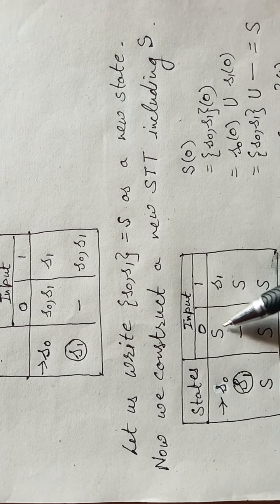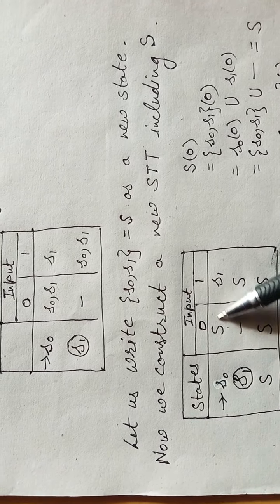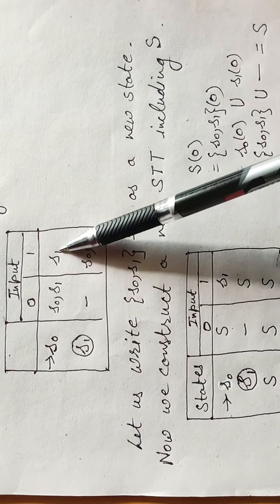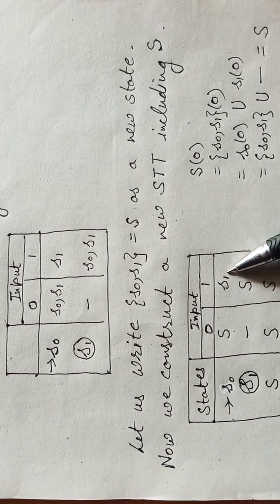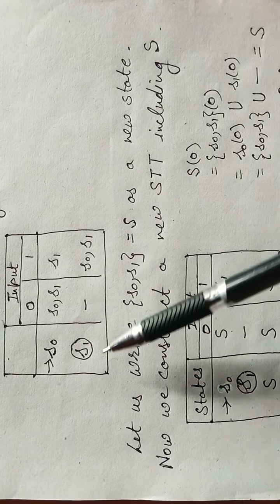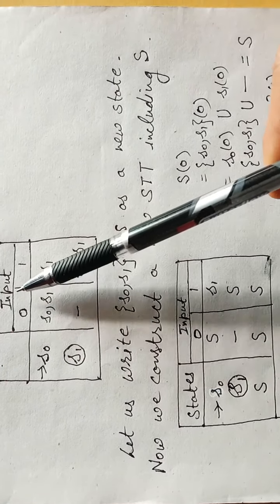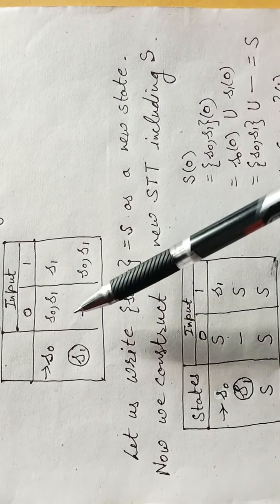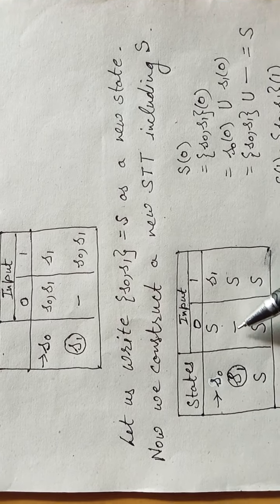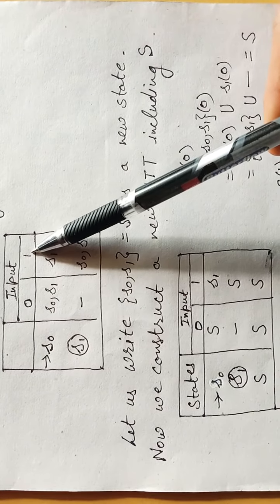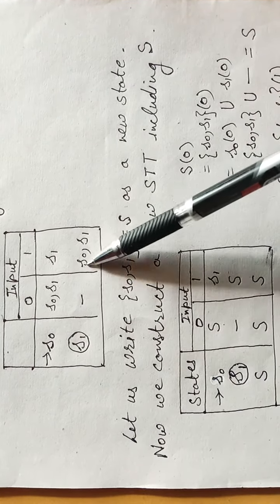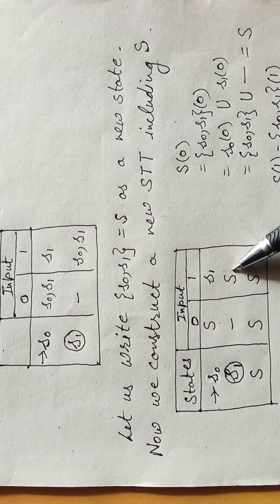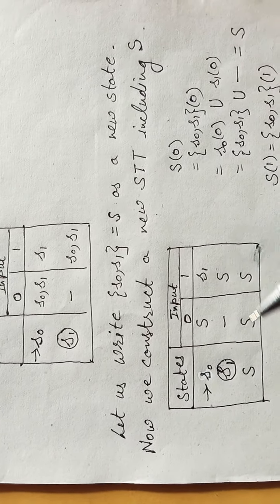That's why I have written here capital S. With 1 input, the transition is S0 to S1. So S1 is okay. For this S1, with 0 input, there is no transition, so put a dash. With 1 input, S1 moves to again capital S, so here I wrote capital S.